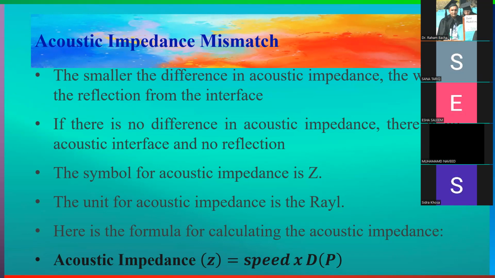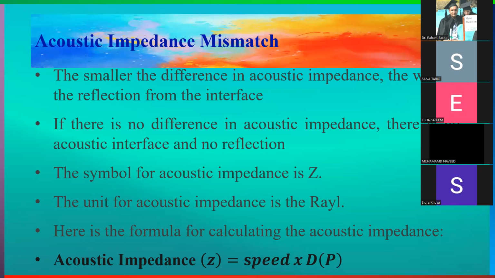Now, if the acoustic impedances of these two media are different from each other by a great amount, meaning the densities of the two media are different and the speeds of sound in the two media are different, then interfaces will appear, and the sound waves will reflect from those interfaces.